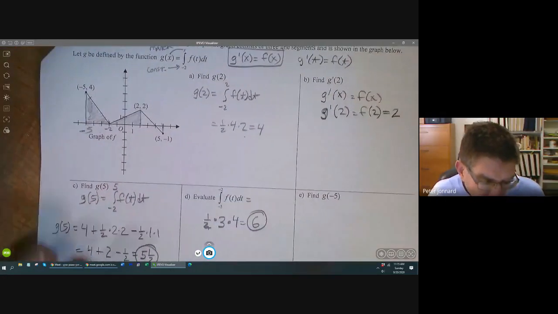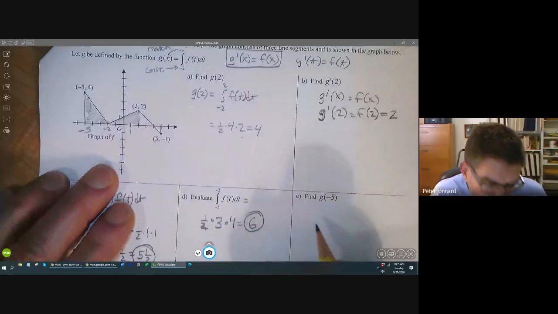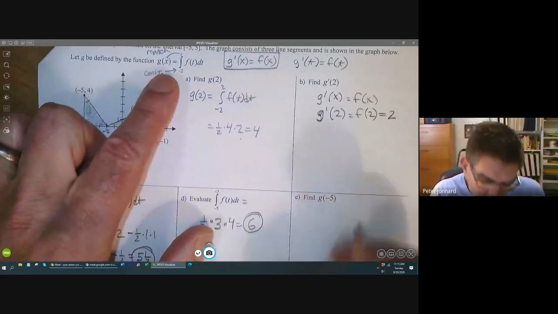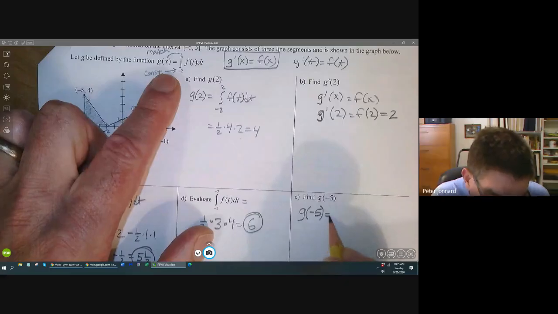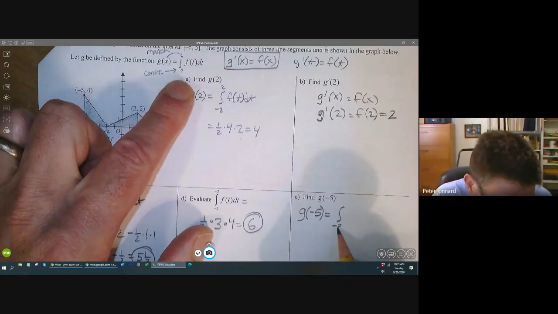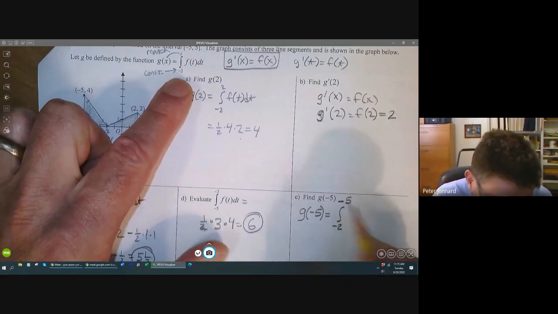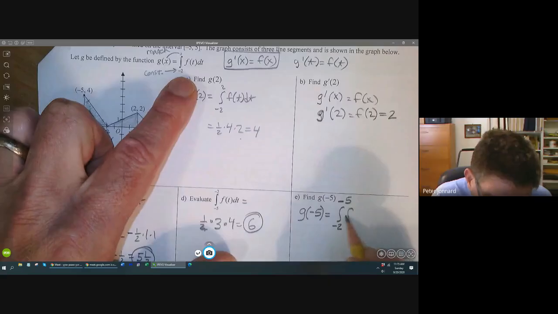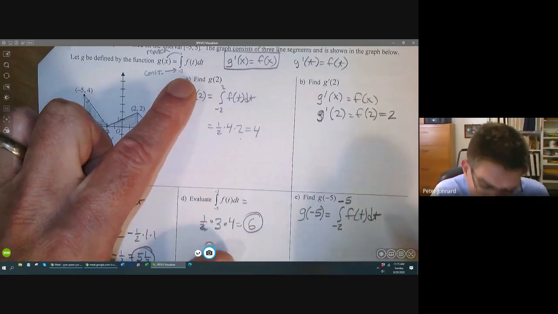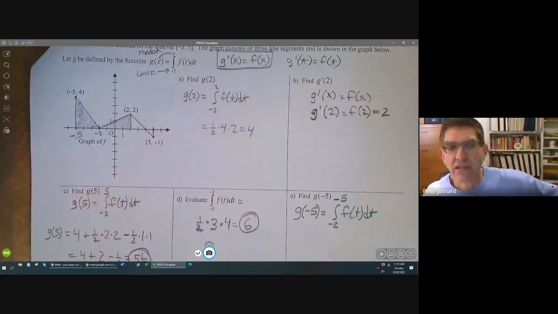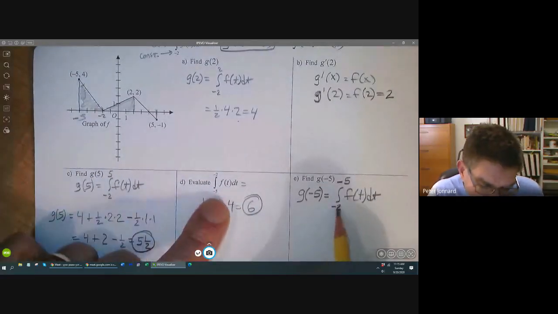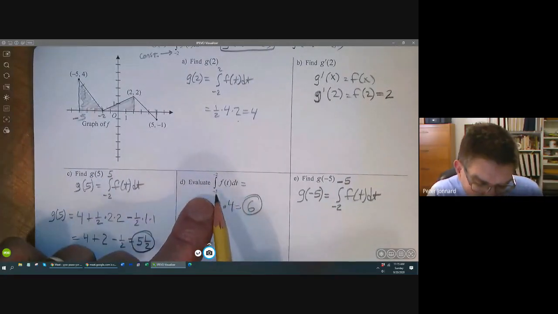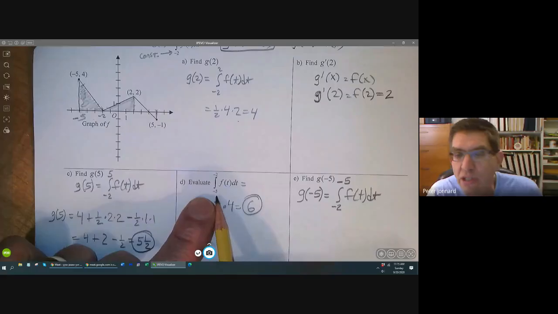Okay, and then g of -5, by definition, I'm just going to replace x with -5. This would be the integral from -2 to -5 of f of t dt. Now I need to be really careful here. It just asked me to evaluate, but the bounds were switched, right?